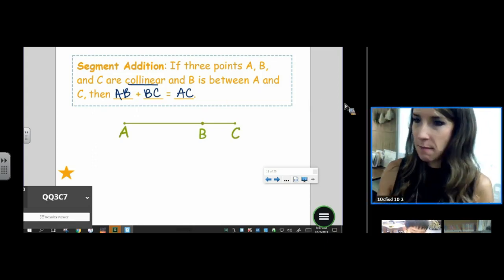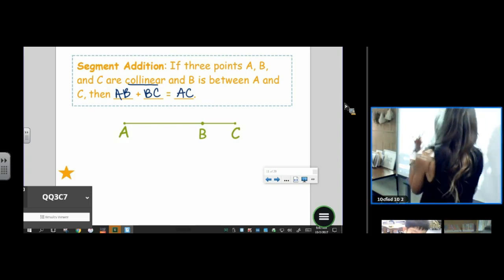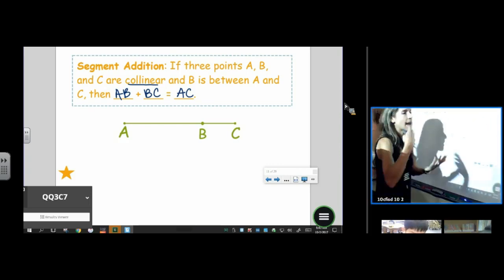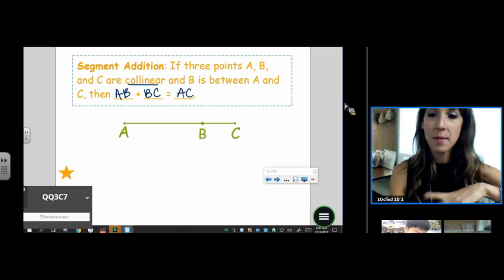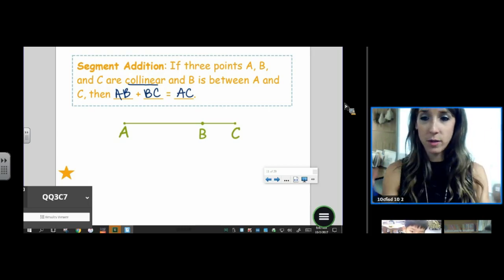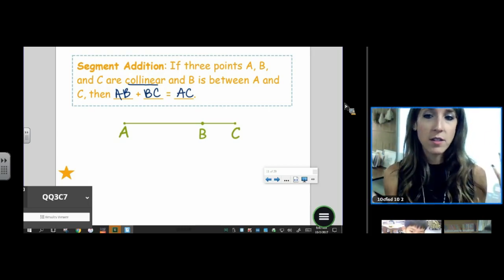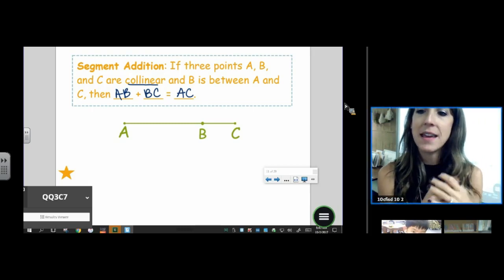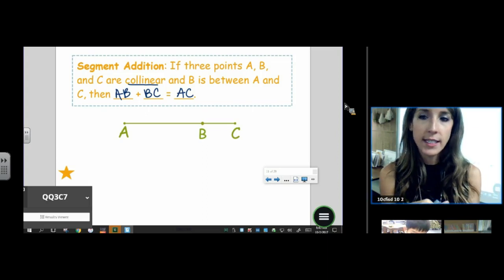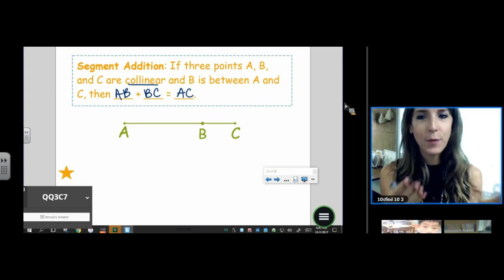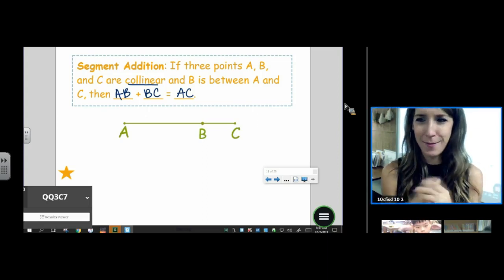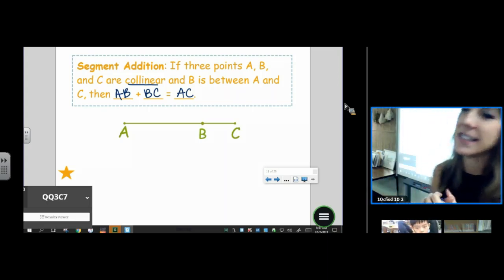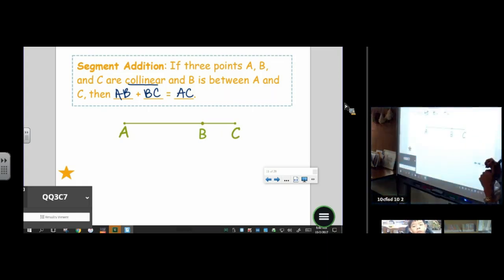So you'll hear me say many times, instead of always naming the segments and saying AB plus BC equals AC, I'm going to say part plus part equals whole. We do not assume that those parts are equal, okay? So B can be anywhere on segment AC, except for on A or on C, because then one of our segments would be 0, and that wouldn't make sense. Okay.